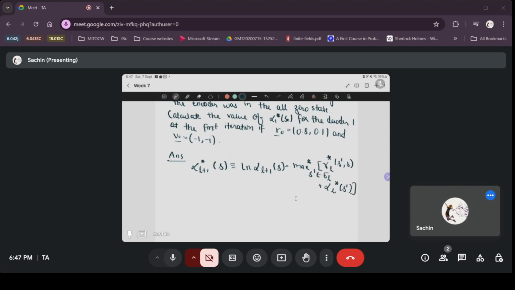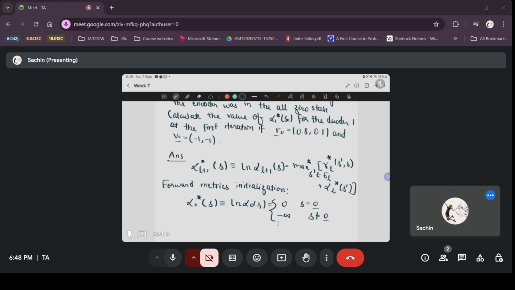It's a recursive definition. So you have to initialize at time 0. Forward matrix initialization: alpha 0 star of S is by definition log of alpha 0 of S, which is by definition 0 if the state is the all 0 state and minus infinity if the state is not the all 0 state.